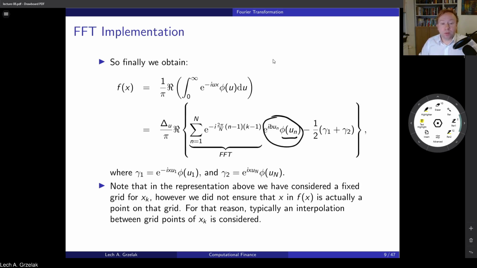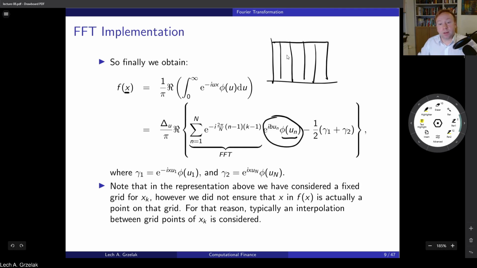One more thing to notice is that here we have x. However, this x is not really present. X here is essentially given in terms of the grid. Like I already mentioned before, we have a grid for x's and u's. Now, of course, if you are interested in a particular x, which is between x i and x i plus 1, this is not really helping you.